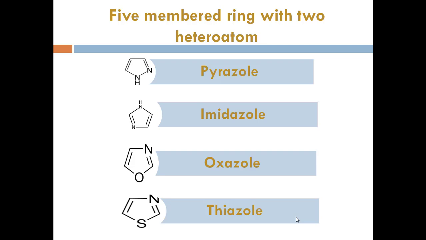Isoxazole and isothiazole are not given in your syllabus. Just remember the structure, right? What is the difference between oxazole, isoxazole and thiazole, isothiazole? Again, you can remember the name: oxazole, oxa means oxygen, and azole means nitrogen. Similarly here, thiaz means sulfur, azole means nitrogen.